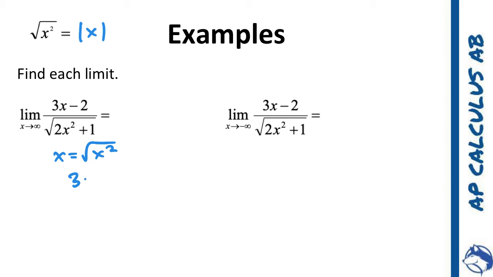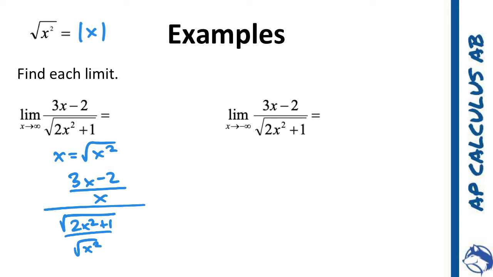So I'm going to do 3x minus 2 divided by x, all of this over the square root of 2x squared plus 1 divided by the square root of x squared. And what's nice is I can combine that and write that on the inside there. So what I end up getting here is 3 minus 2 over x on the top, and then I've got the square root of 2 plus 1 over x squared.